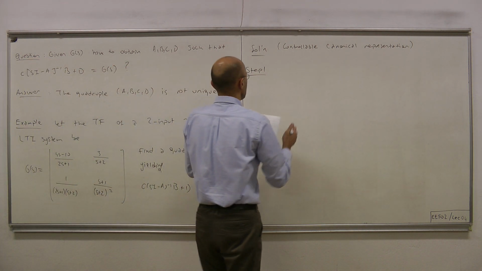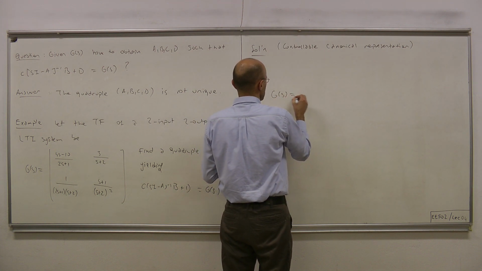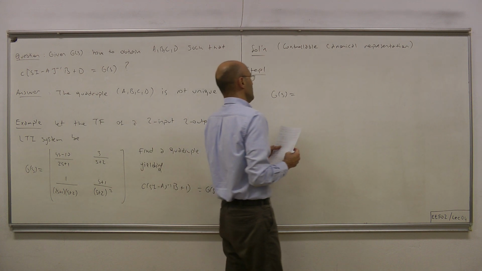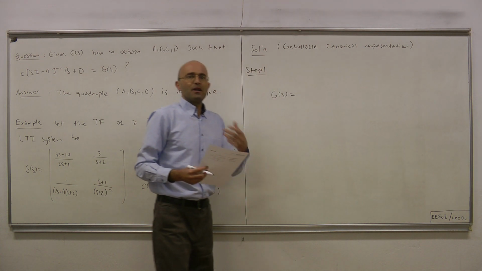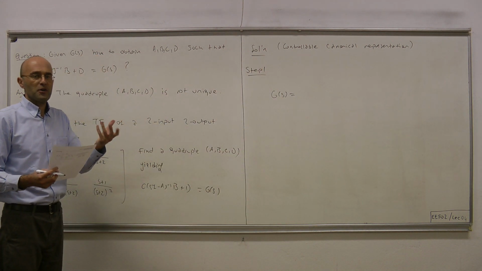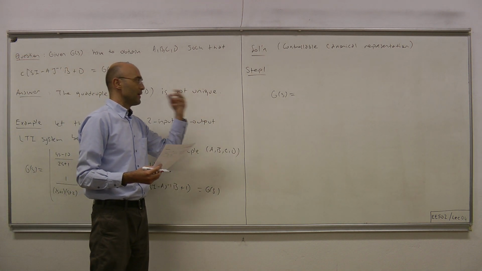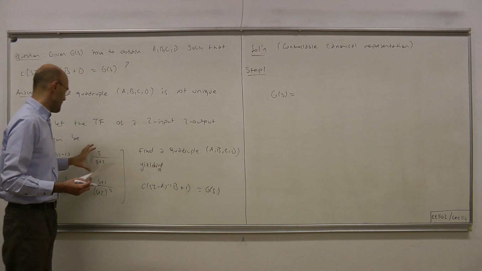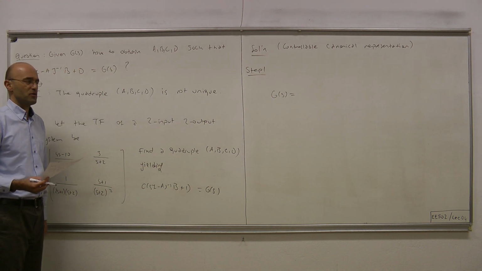Step 1 is writing G of s as a constant matrix, possibly 0, plus another matrix such that its entries are strictly proper rational functions.